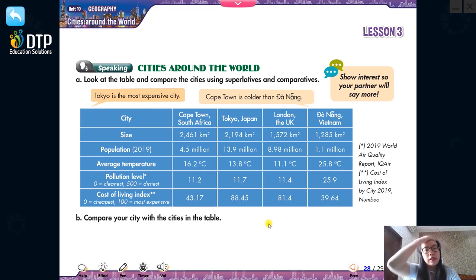Okay. Now, for example, you may have Tokyo is the most expensive city.